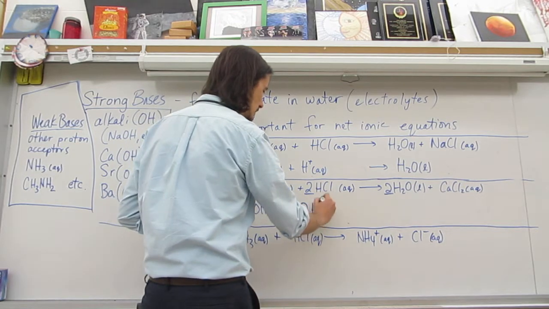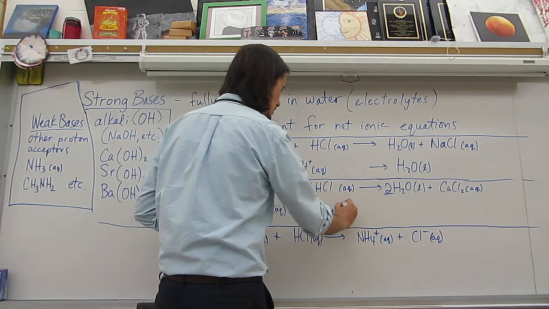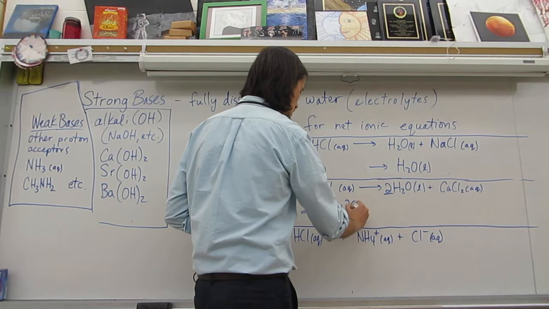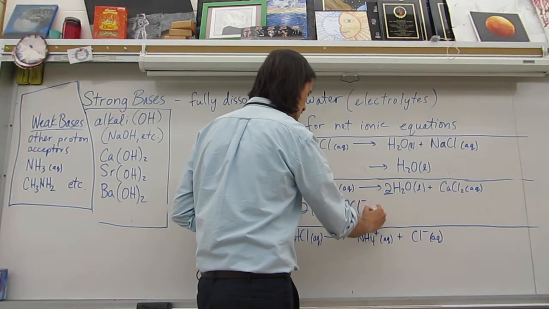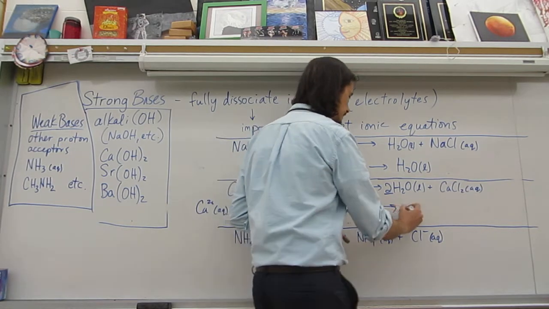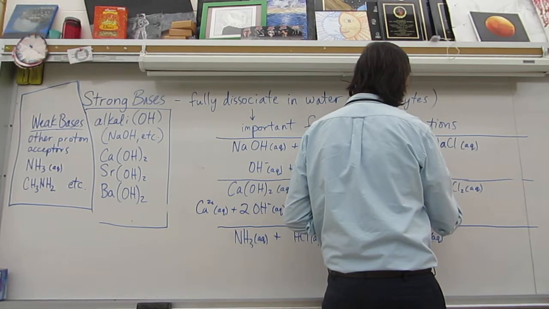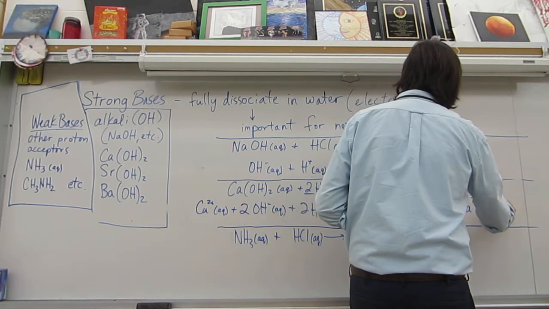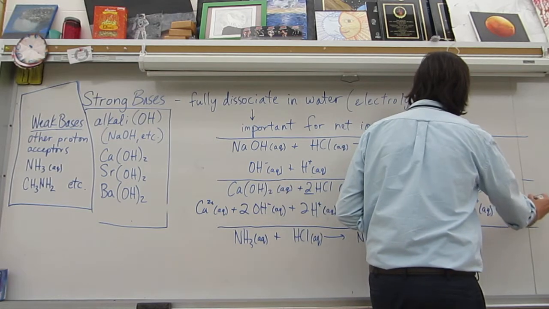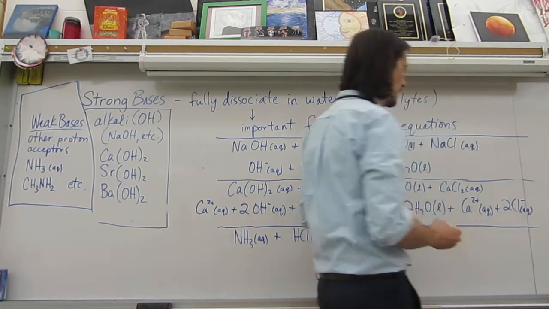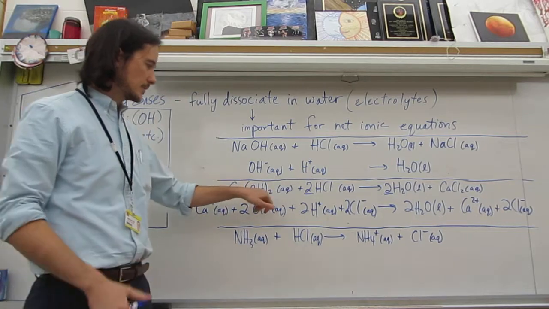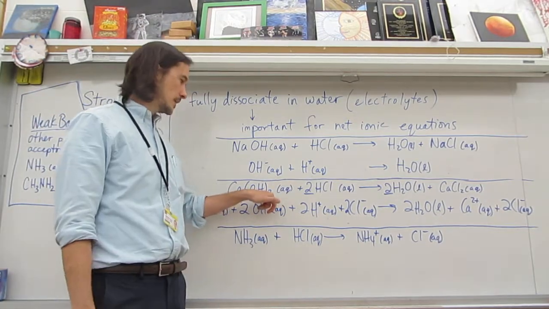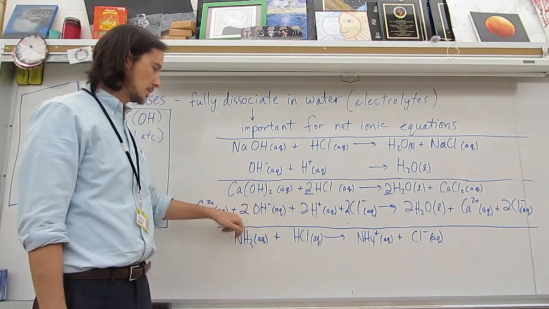I have 2H plus. Pay attention to those subscripts. Anytime you have more than one of those ions, when you write an ionic equation, it becomes a coefficient.